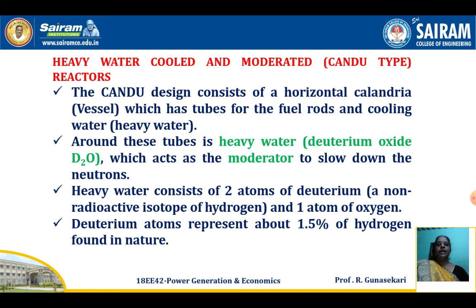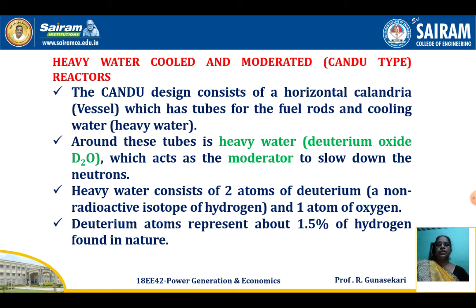The CANDU design consists of a horizontal calandria. Calandria means the pressure vessel, which has tubes for the fuel rods and cooling water. So the heavy water is the coolant. Heavy water means deuterium oxide, with the notation D2O.